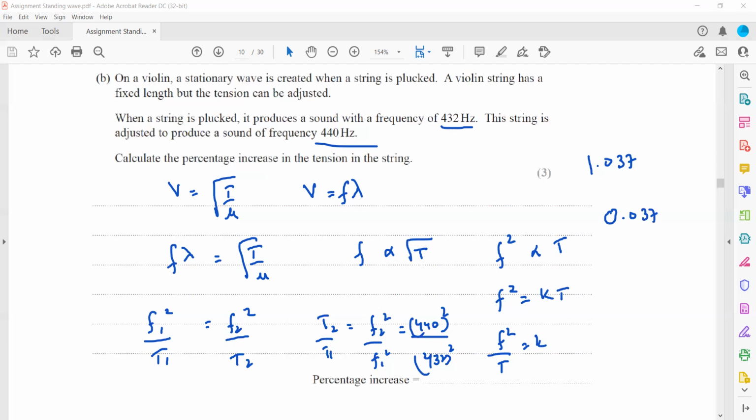But if frequencies change, this value is 1.037. So how much is the change in the value? It's 0.037. And how can we represent 0.037 in percentage? 0.037 multiplied by 100 gives 3.7%. So 3.7% is the increase in the tension compared to the original value.